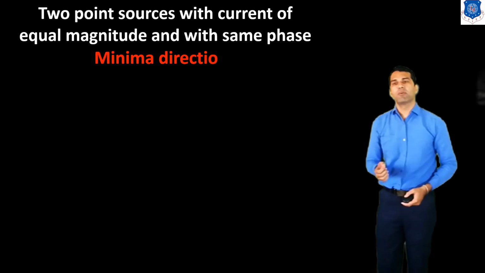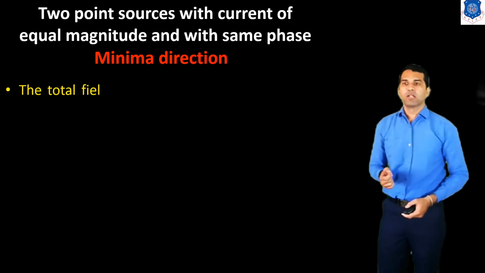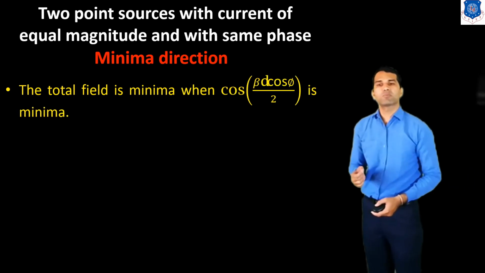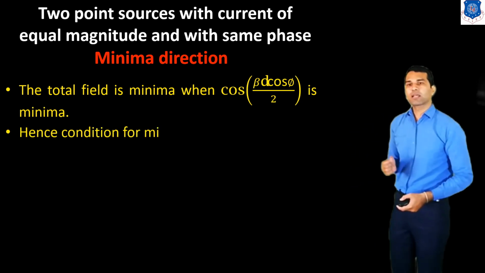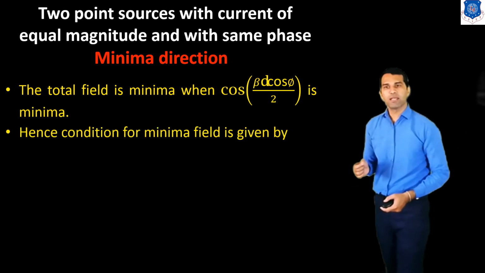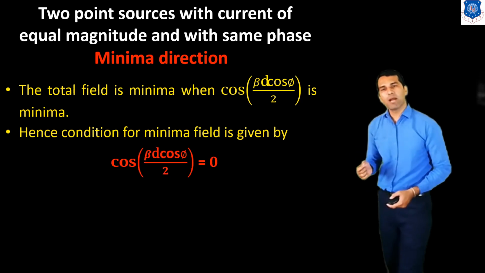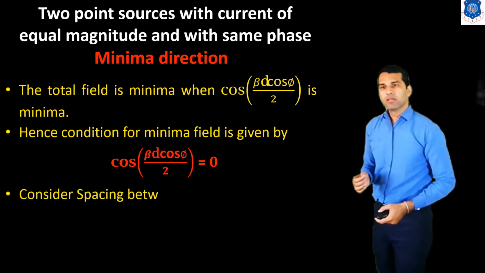Now we find the minimum direction. The total field is minimum when cos(beta d cos phi by 2) is minimum. Hence, the condition for minimum field is cos(beta d cos phi by 2) equals 0.